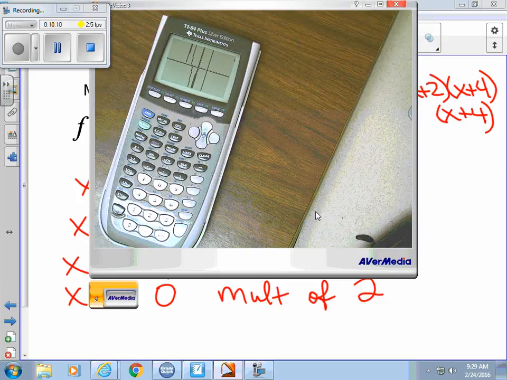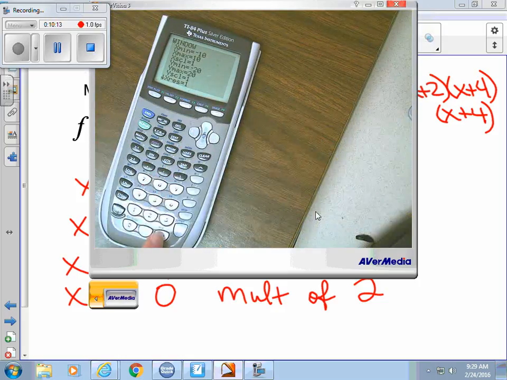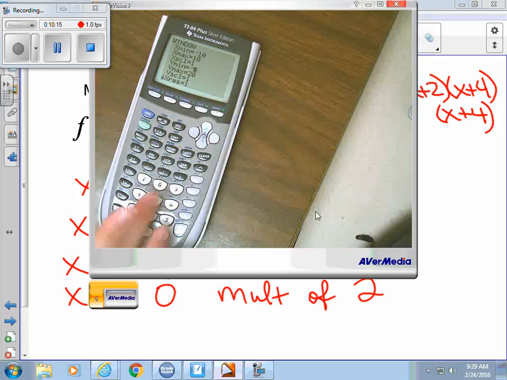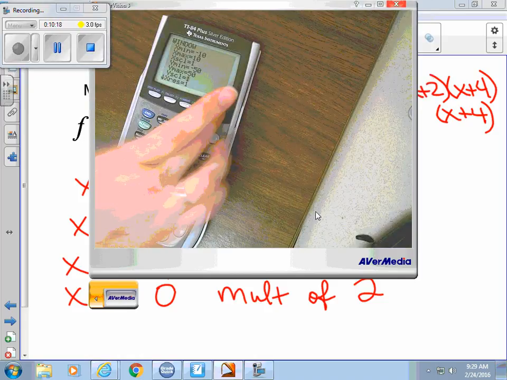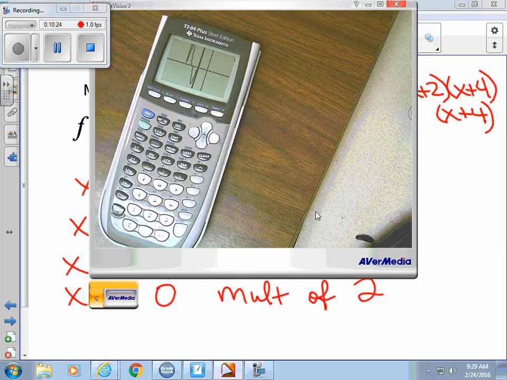Maybe farther out on the y's. It's probably good enough now. I can't see all the turning points, but I can kind of see what this graph is doing.